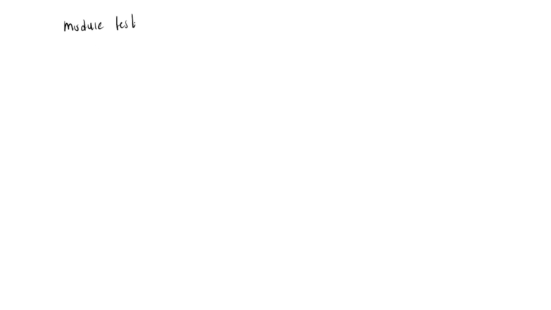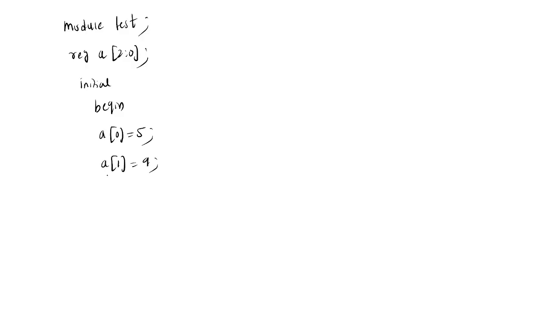Next, suppose module test. I am initializing the array reg a [2:0], initial begin. a of 0 equal to 5, a of 1 equal to 9, and a of 2 equal to 3, end, end module.